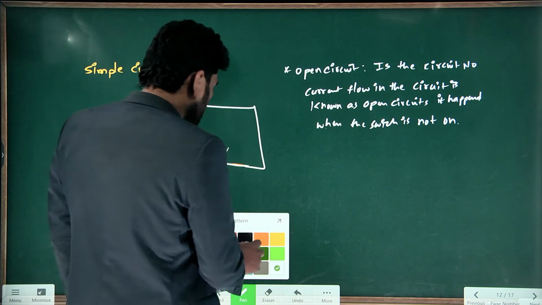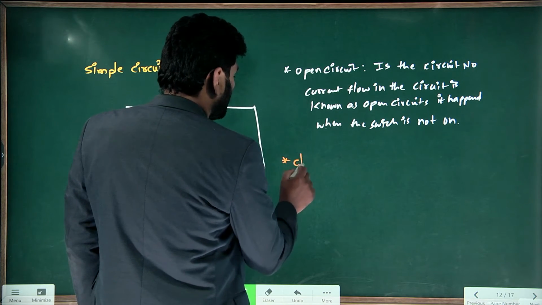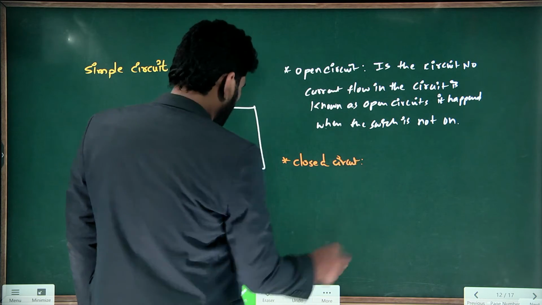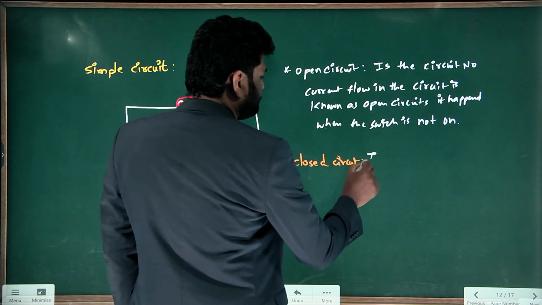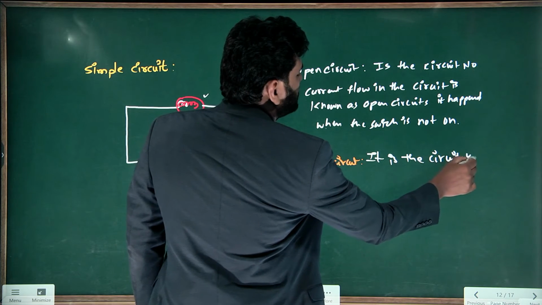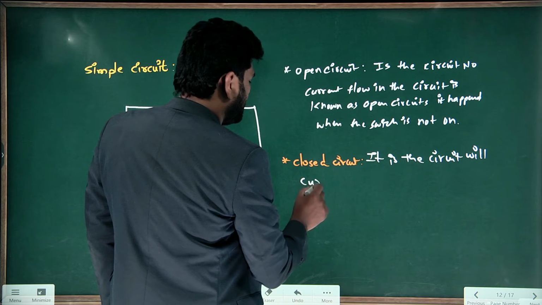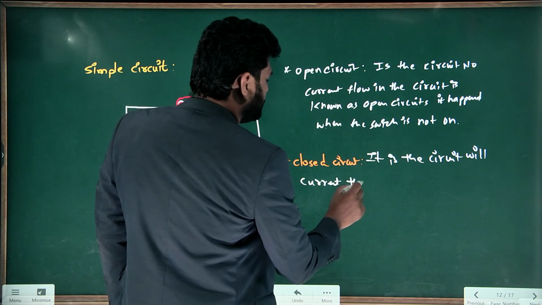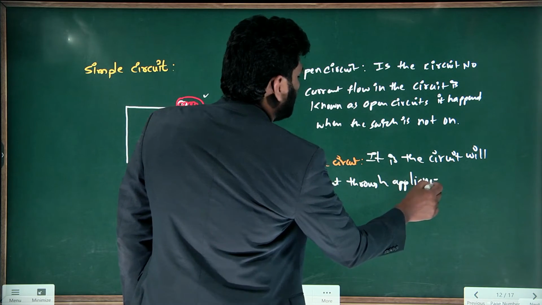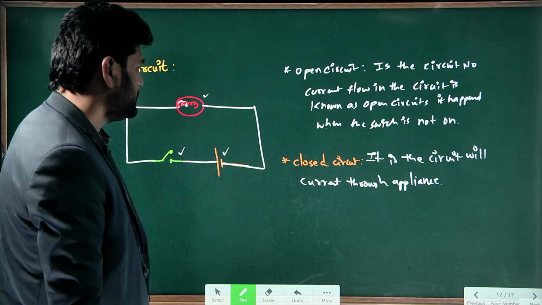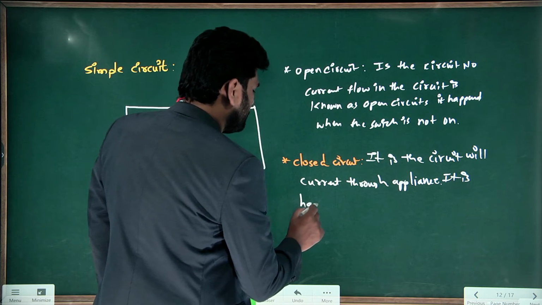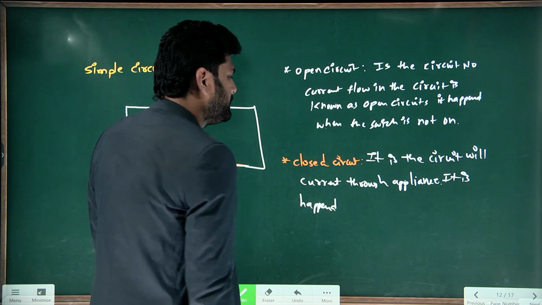Next, in a similar way, closed circuit. What is a closed circuit? It is the circuit in which we will observe current through the appliance.